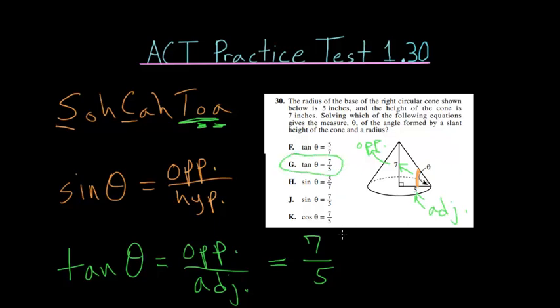Now, if you actually wanted to know what the angle is, which this question doesn't ask for, but if you're curious, the way to solve that is to solve for theta. And the only way to do that is to take an inverse tangent of each side. So essentially what you're left with is that theta is equal to the inverse tangent, so that would be tangent with a -1 here, of 7/5.